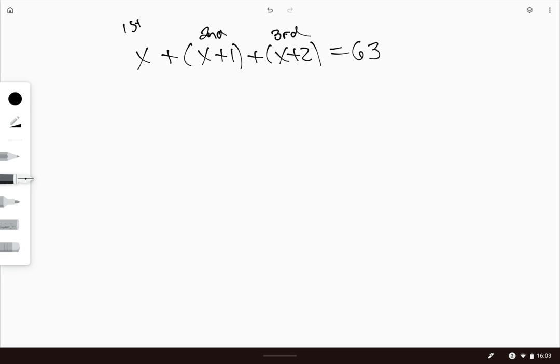All right, so in order to solve this, I just use the steps that I normally would for a multi-step equation. So I'm going to combine my like terms. So I have x and x and x. So that's going to be 3x. 1 and 2 gives me 3. And all that equals 63.